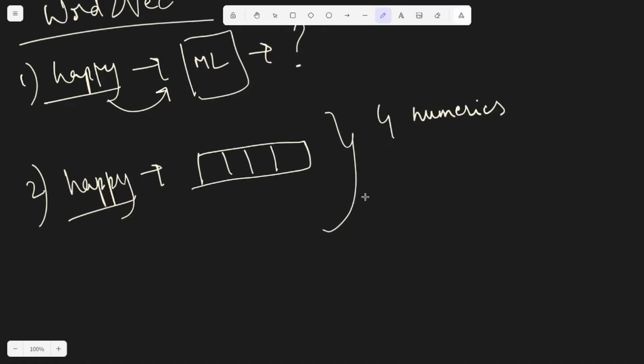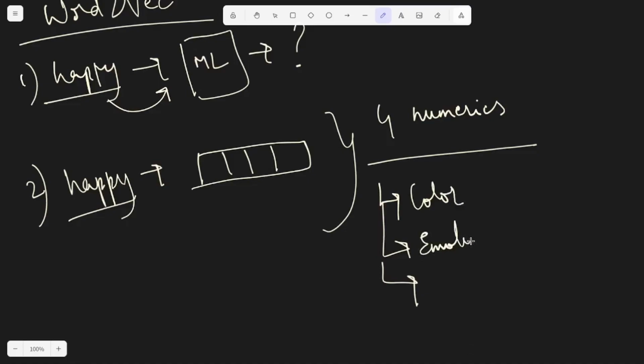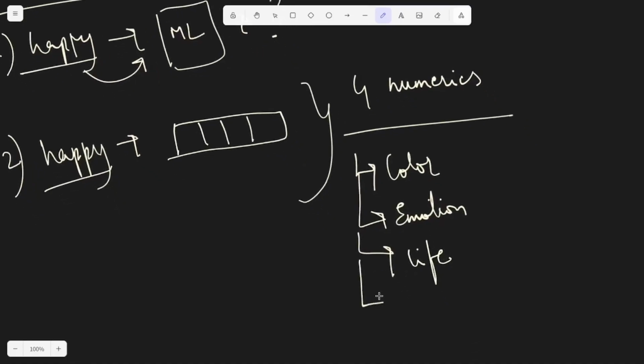In a real world scenario, you would consider 4 different aspects. Let's take color, emotion, life, and maybe sports, right? If I asked you to rate this particular word in the aspect of these 4 words, how would you do it?